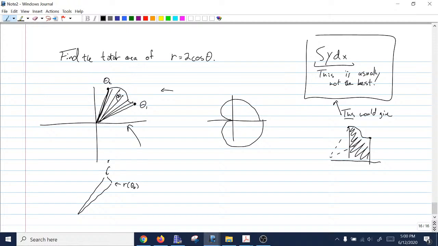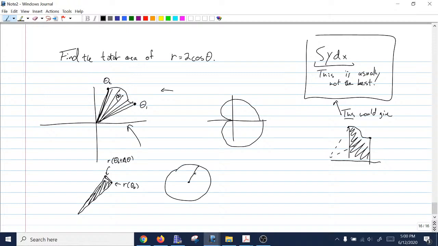And here's r of theta 0 plus delta theta. I took some specific value and some specific very nearby value, and I want to estimate the area of this little wedge. The key thing going on is this little wedge, because my two r values are going to be close to each other, is almost a part of a circle.